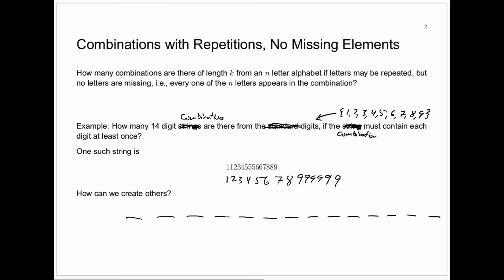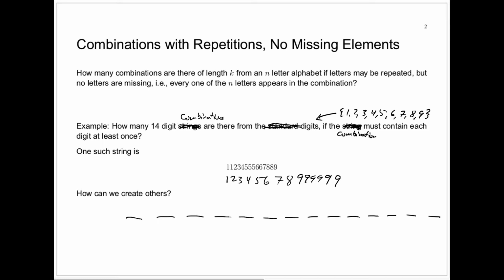Now we're going to count combinations with repetitions, with no missing elements. How many combinations are there of length k from an n-letter alphabet if letters may be repeated but no letters are missing? And by that we mean each of the n letters in our alphabet appears somewhere, at least once, in our combination.